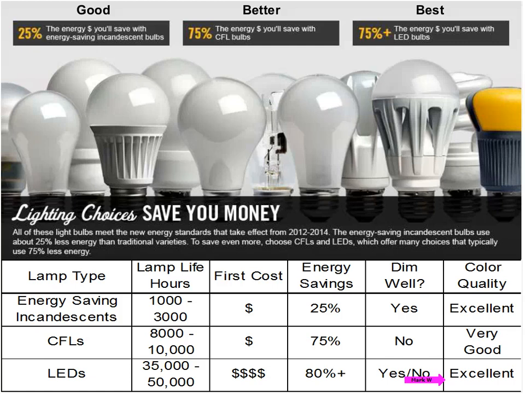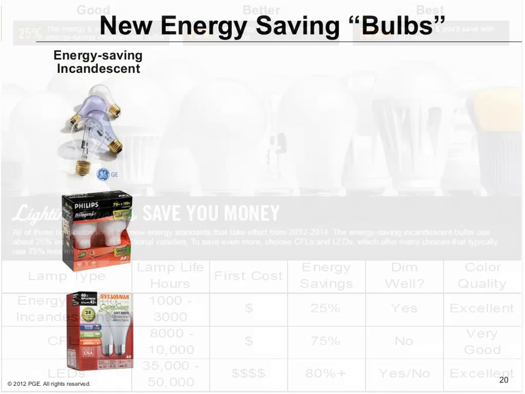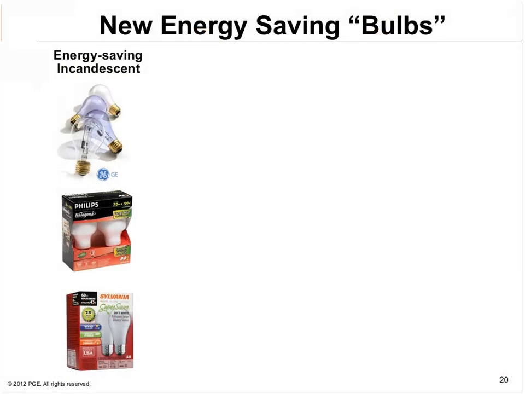And again, this decision-making process applies to other LEDs as well. So here's some energy-saving bulb examples from GE, Philips, and Sylvania, the big 3 of lamps. Energy-saving incandescents still make sense for applications with low hours of operation and where you want dimming, along with the warm color temperature shift that incandescents give you.